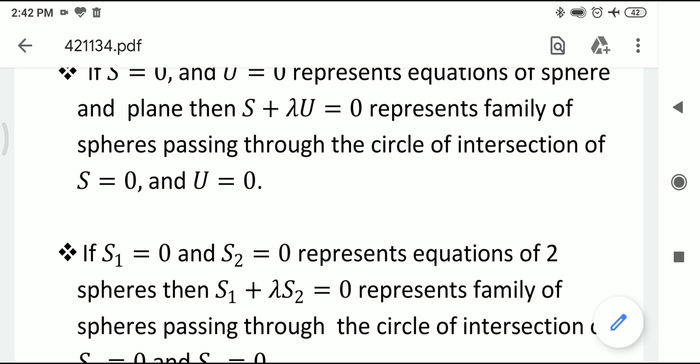Through that circle we are going to find a sphere, and the equation of that sphere is given by S plus lambda U equal to 0.